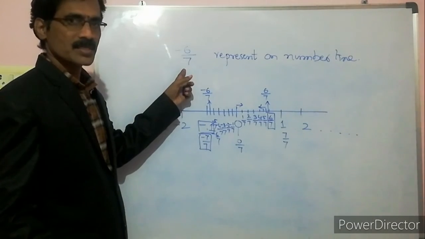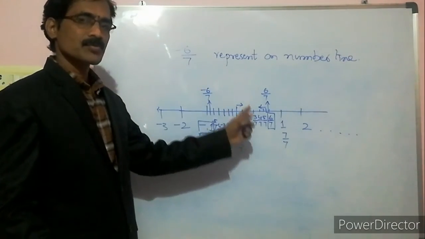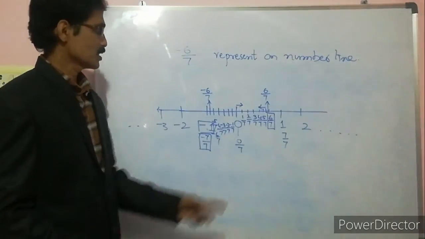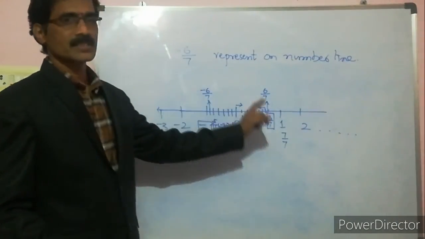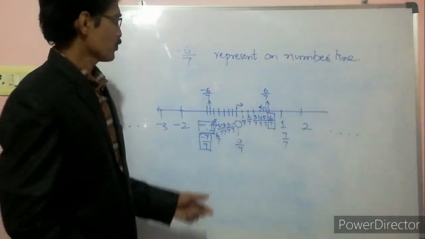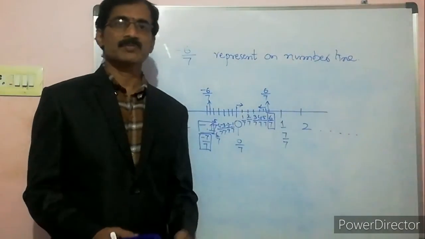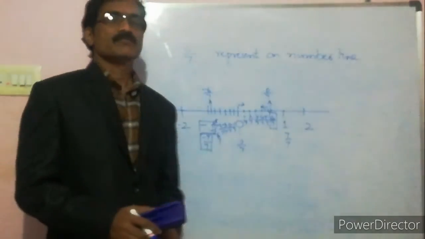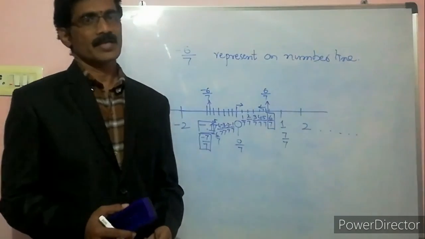So however much the denominator is, you have to make that many equal parts. Then you will get the required rational number on the number line. Okay, this is representing fractions or rational numbers on the number line.